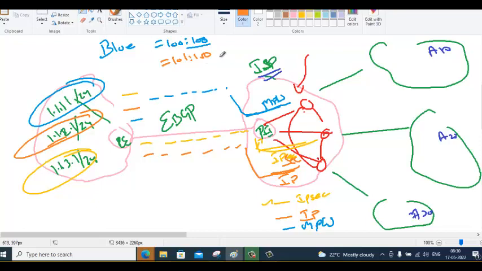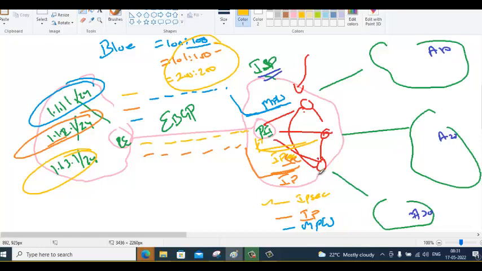Blue is MPLS. This is normal IP. Next, 200:200 means IPsec. So these numbers, when a packet goes with 100:100, ISP knows that I need to send via MPLS.